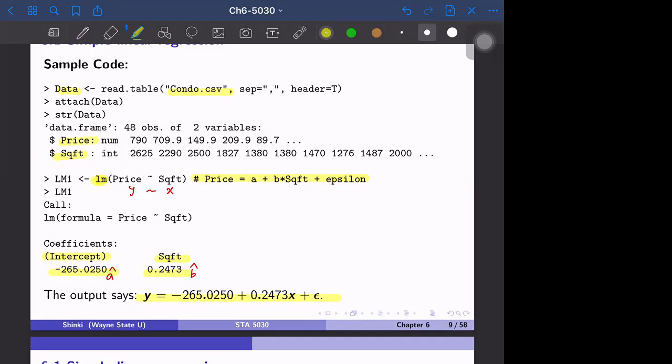So that means one additional square foot, then the price is $0.2473 thousand higher. So one more square foot, $247.3 higher price.